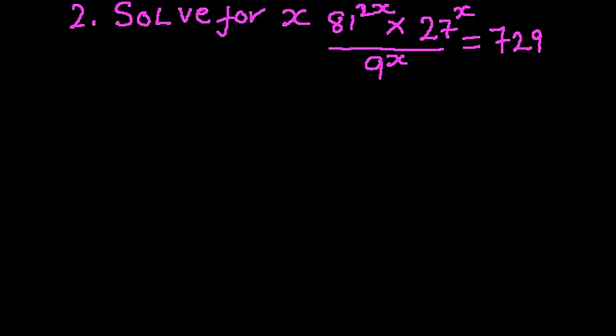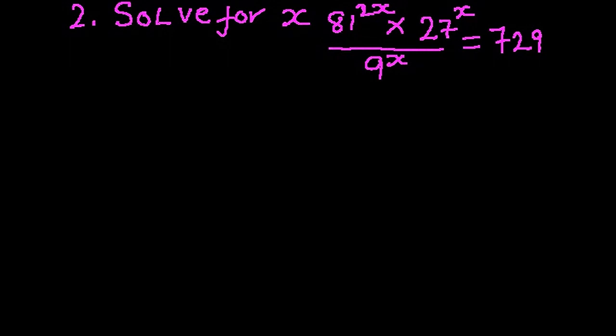So in this question, we are supposed to solve for x. We are given 81 to power 2x multiplied by 27 raised to power x, all divided by 9 raised to power x, is equal to 729.